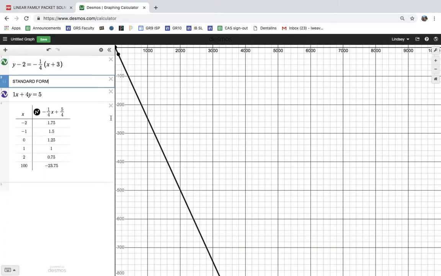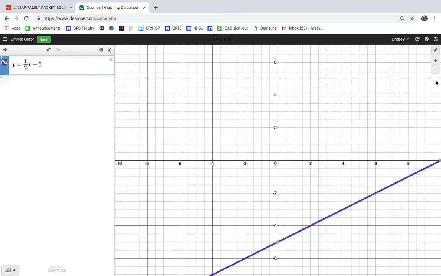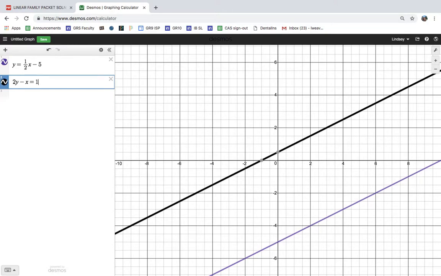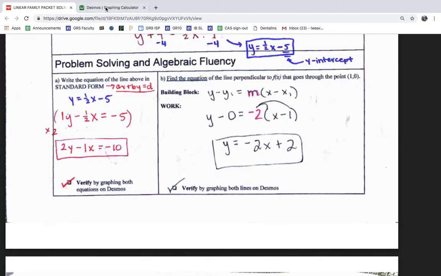We have on Desmos y equals 1/2 x minus 5. I press home to get the window back to normal. And then we also have 2y minus x equals negative 10.